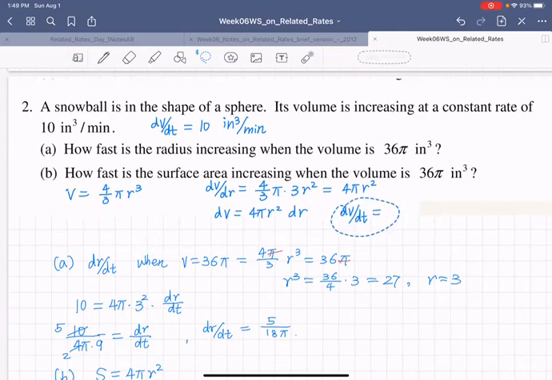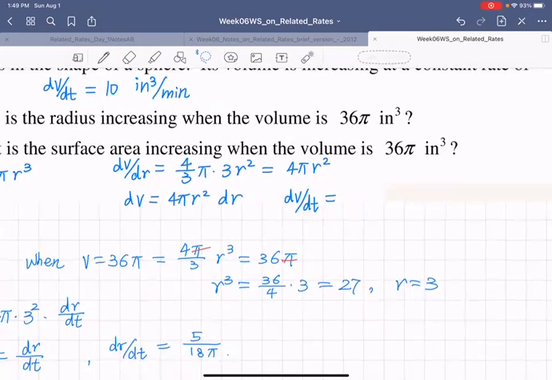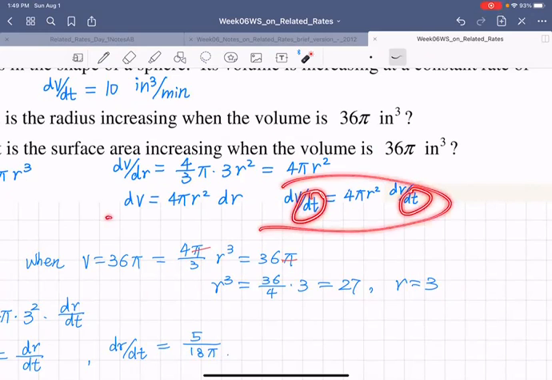And then we do one more step. We can do the related rates on both sides. Then dV over dt is going to be 4 pi r squared dr over dt, correct? See, both sides divided by dt. This is the same.